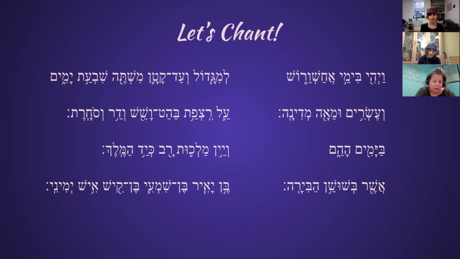Ben Yair. Ben Shimi. Ben Kish. Ish Yamini. Ben Yair. Ben Shimi. Ben Kish. Ish Yamini. And again, if you did it like that, no one's going to throw you off the bima.